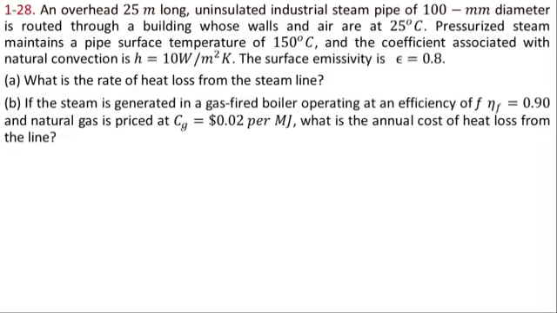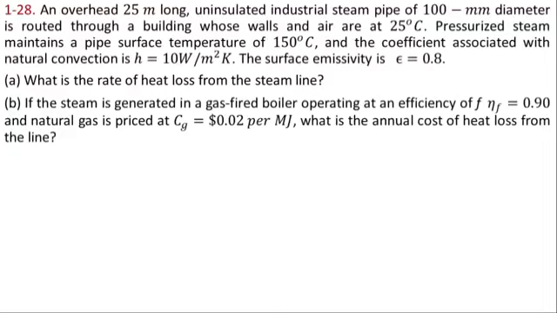The industrial pipe is used to transport pressurized steam at a temperature of 150 degrees centigrade. It means that the surface temperature of the pipe should be maintained at 150 degrees centigrade. The convection coefficient associated with it comes out to be 10 watt per meter square Kelvin. The emissivity of the pipe material is 0.8.